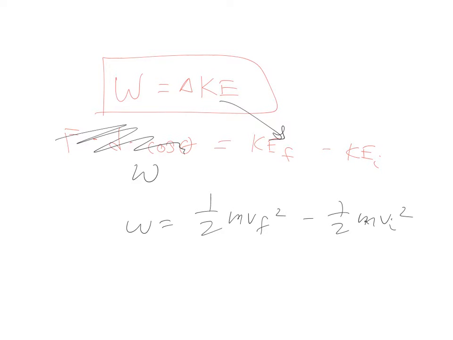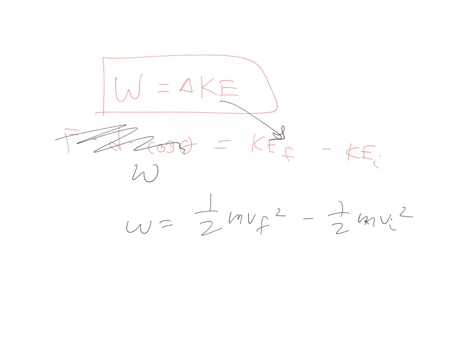If it speeds up, won't this final velocity be greater than this? When this number is greater than this number, you get a positive answer. It makes sense. But if your final velocity is lower than what you started with, aren't you slowing down? So if this is smaller than this, you're slowing down. Thus, you would get a negative answer, and therefore the work done would be the work done by friction or some opposing force, and therefore negative work.